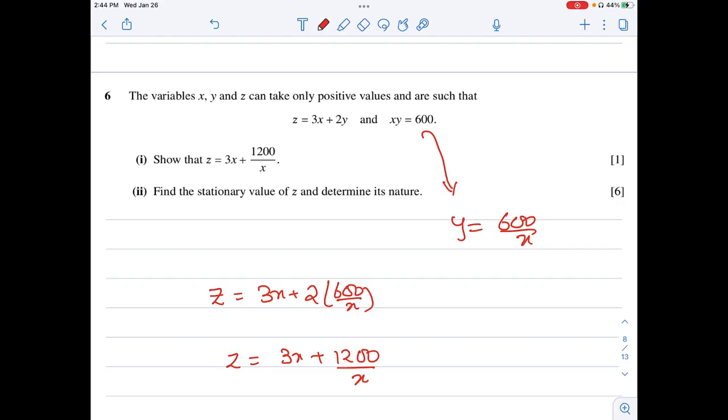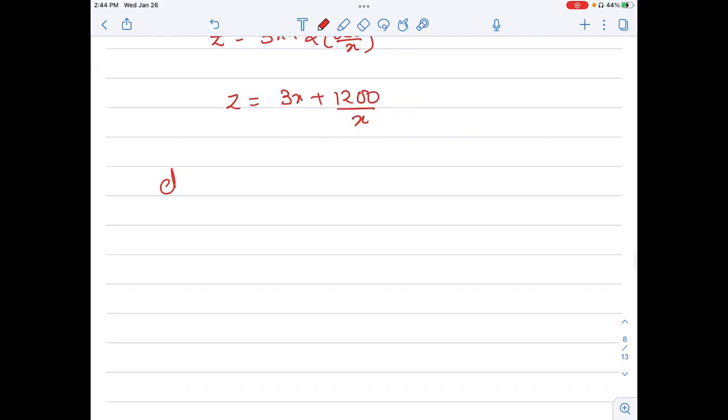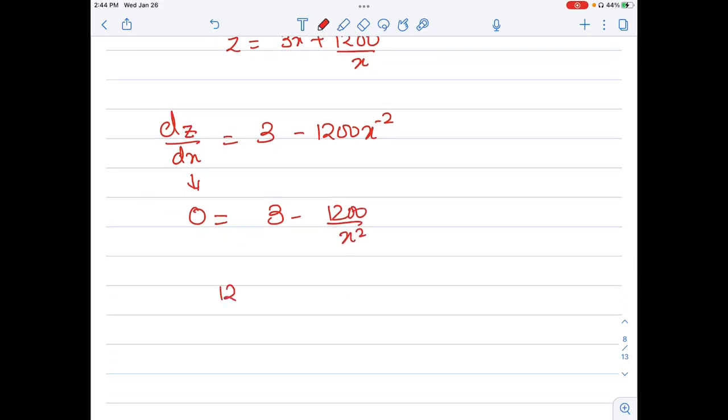Find the stationary value of z and determine its nature. Stationary, so I have to find dz upon dx. 3x derivative is 3, and this is minus 1200 x power minus 2. For a stationary value, dz by dx should be equal to 0. So 3 minus 1200 by x square equal to 0. So 1200 by x square equal to 3.